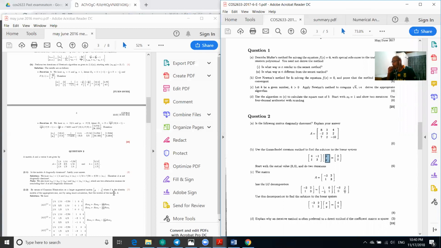So I placed it all together. Now I'm going to try this Gauss-Seidel method. I'm doing the first version, row 1.